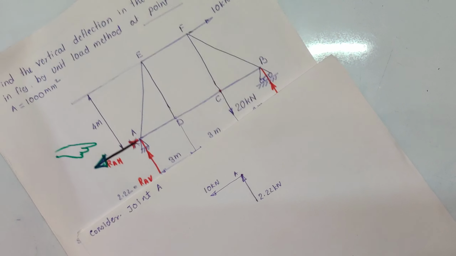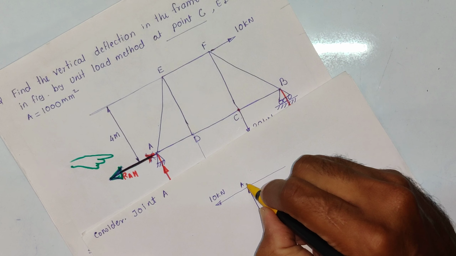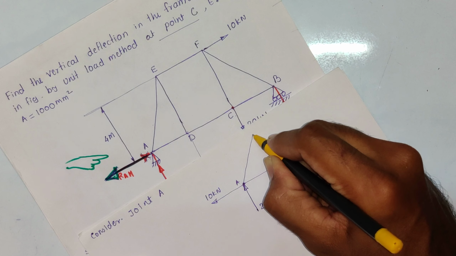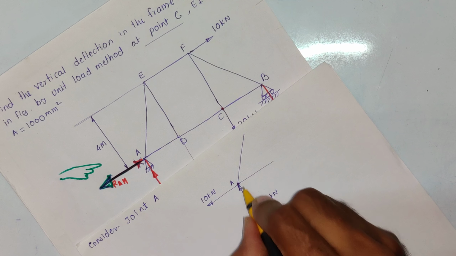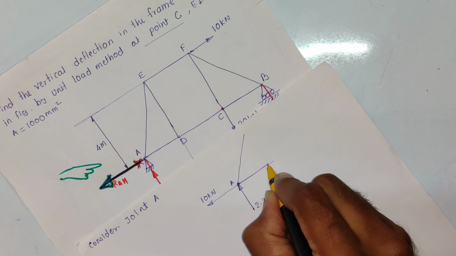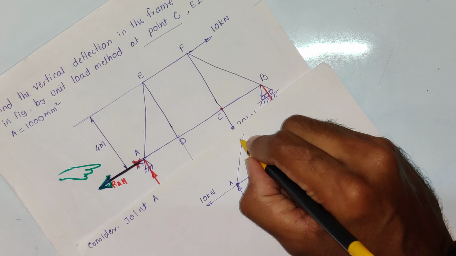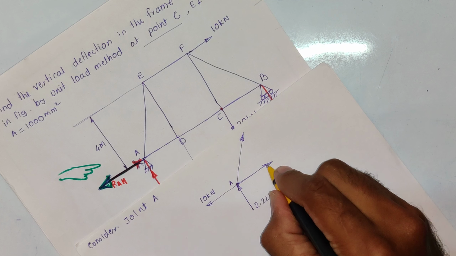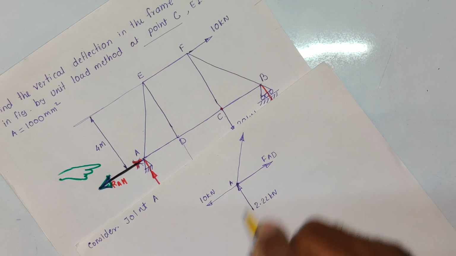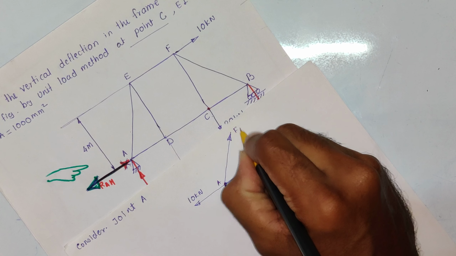And one more point is, this is force in AD and this is force in AE, right? And always you have to show the direction away from the joint or away from this point. So this is FAD and this is FAE.